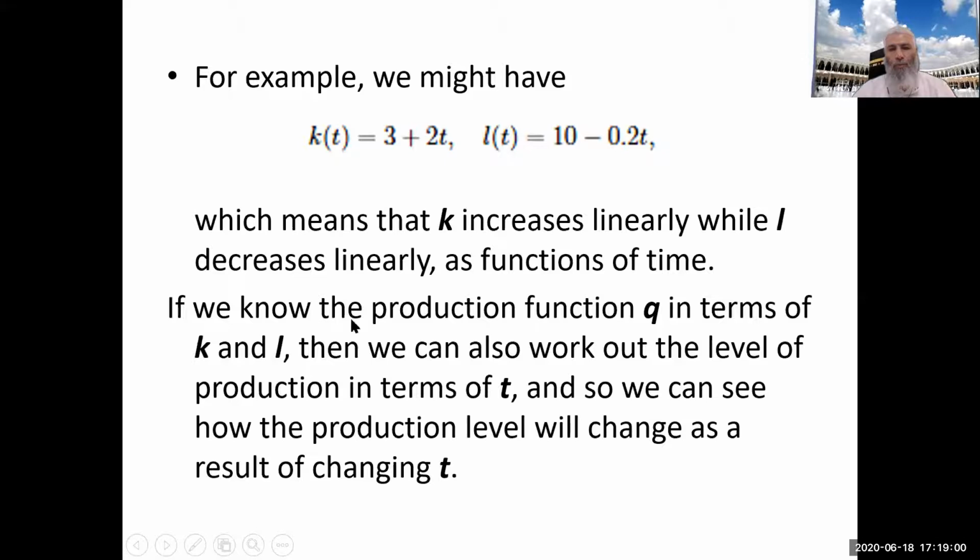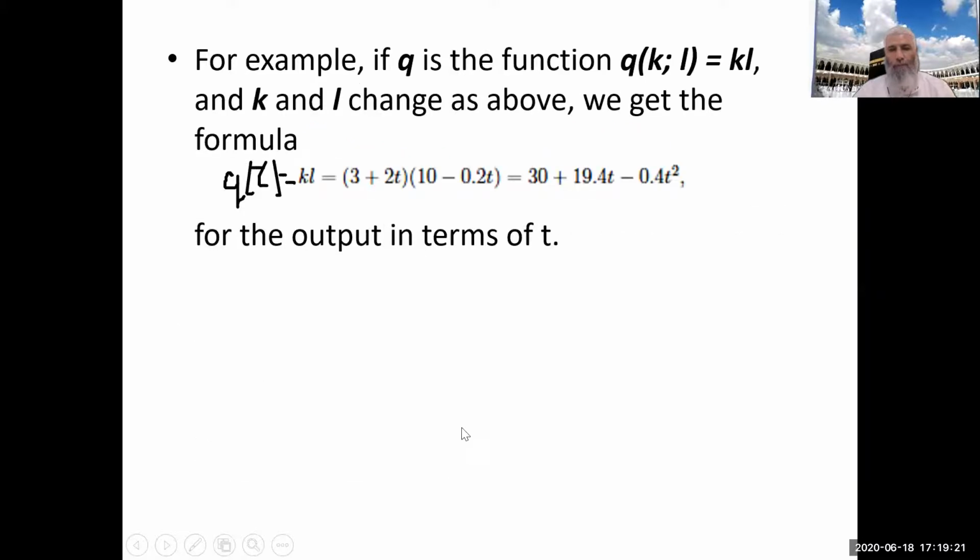If we know the production function Q in terms of K and L, then we can also work out the level of production in terms of t, and so we can see how the production level will change as a result of changing time, t.